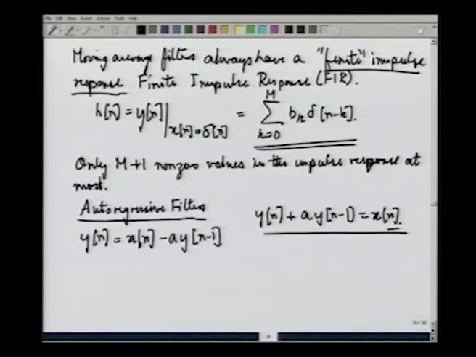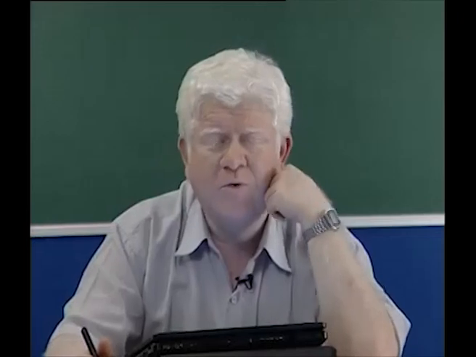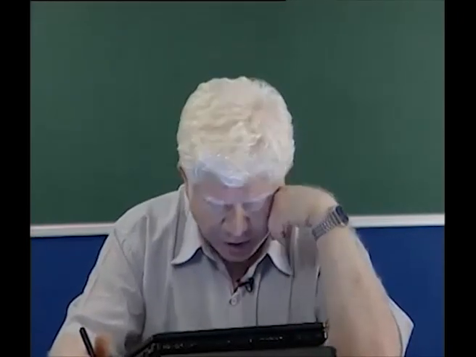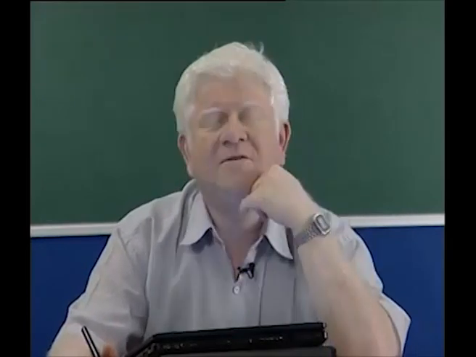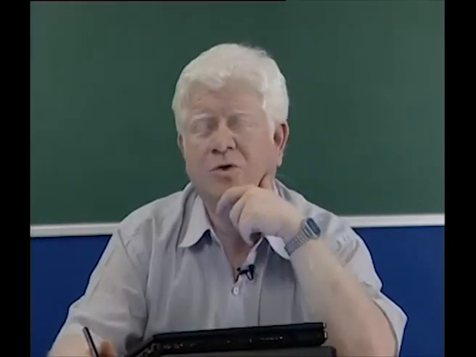Suppose this is the equation you have, then what is the best way of implementing this? You need to know yn, right? You have to compute yn, but unfortunately to compute yn you need to know both xn as well as yn minus 1. A is known.